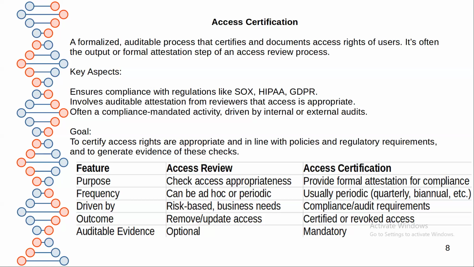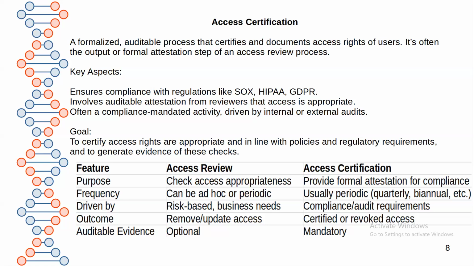So you have to be very, very clear about the purpose, the frequency, what it is driven by, the outcome, the evidence, and whether it is optional or mandatory. I hope I made the session interactive and was able to make you learn something new.